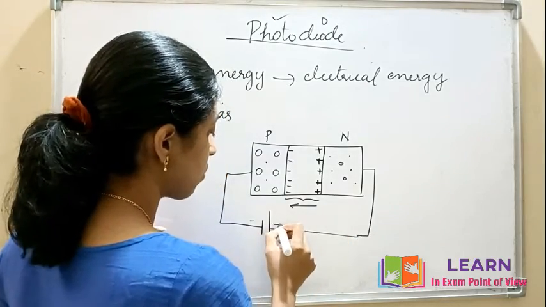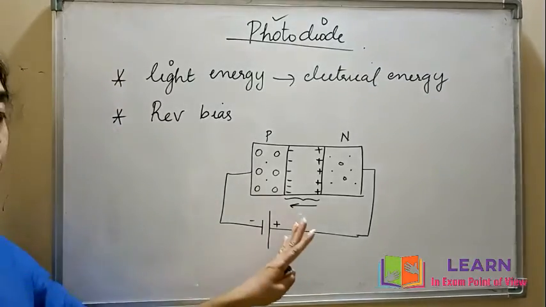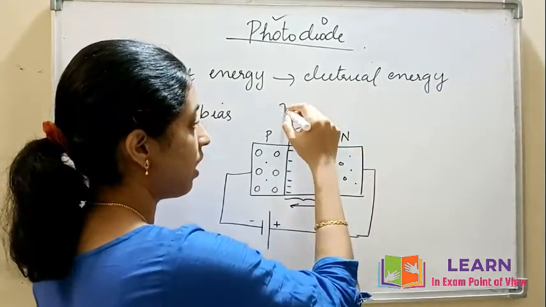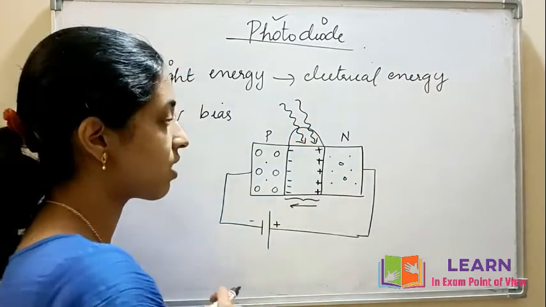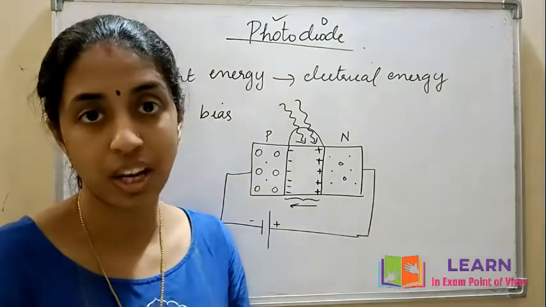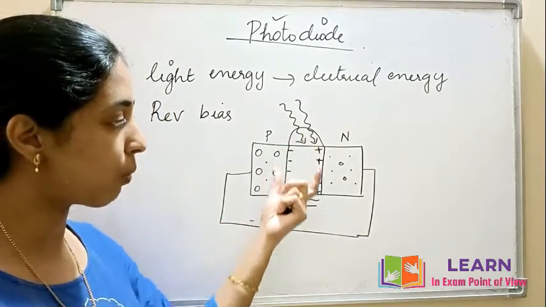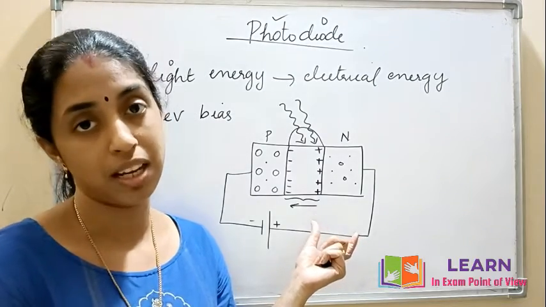This is a photodiode and we have placed a window here. Through that window the light is coming to the depletion layer.